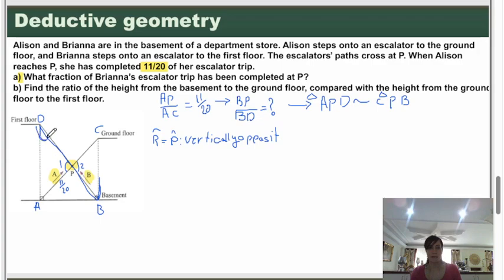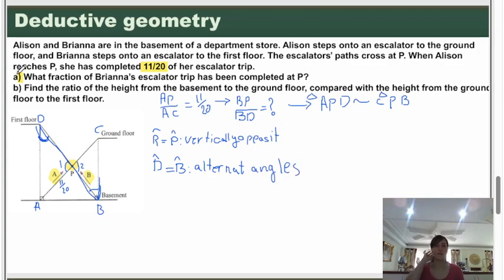So I can say D equals B. Why? Because they are alternate angles.